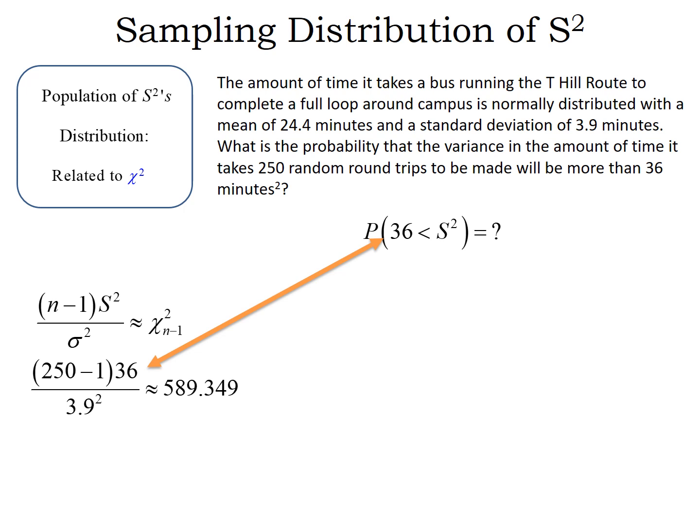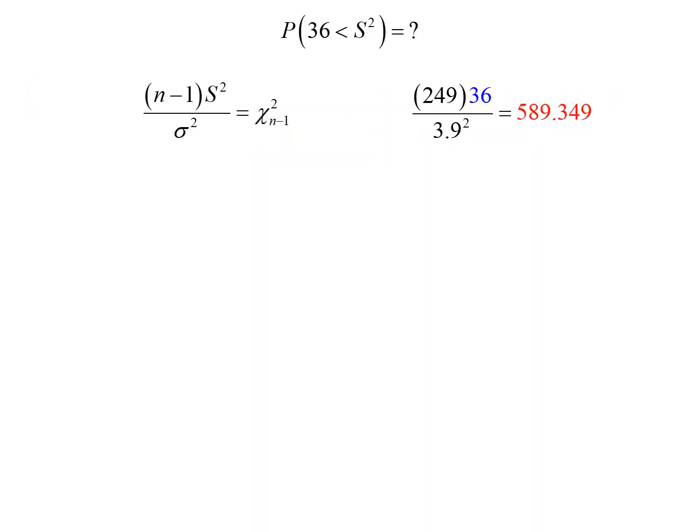Now, notice the degrees of freedom here. The degrees of freedom is the sample size minus 1, so we're going to have 249 degrees of freedom. When we go to our graph, we have to know which side of the graph to shade. To determine that, we need to take a closer look at the relationship between the sample variance, S squared, and the chi-squared score.